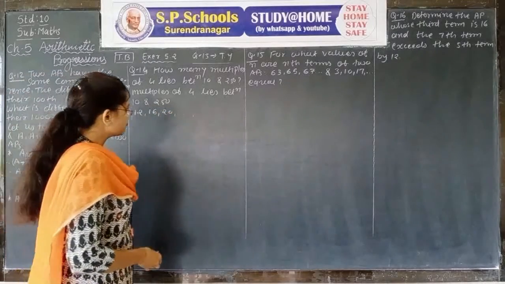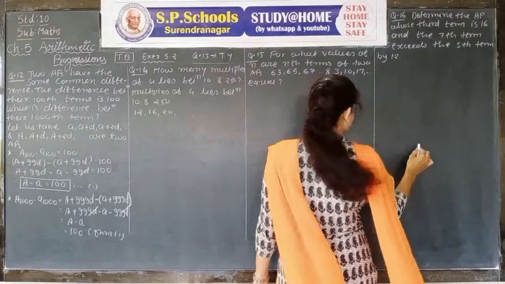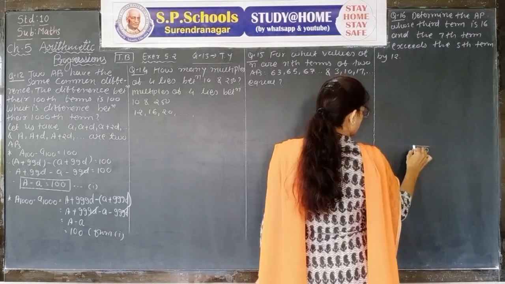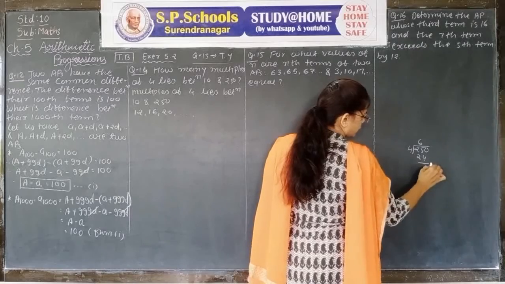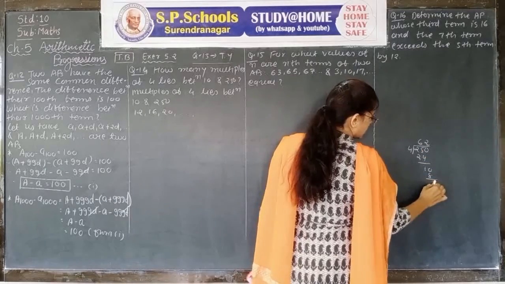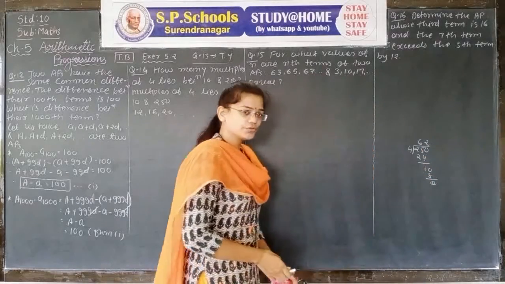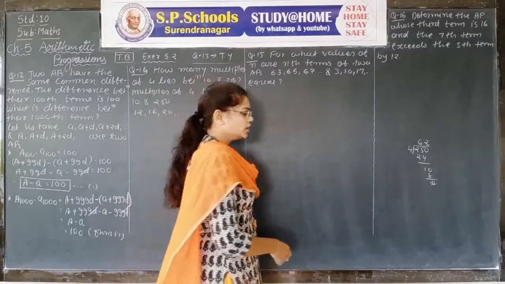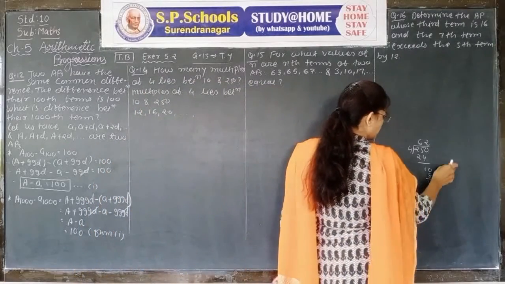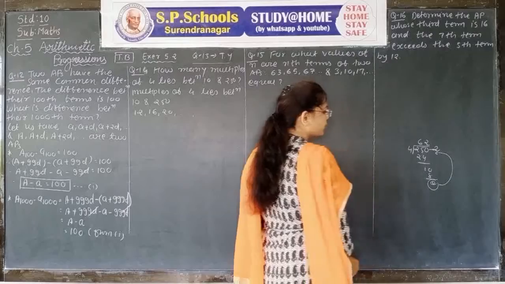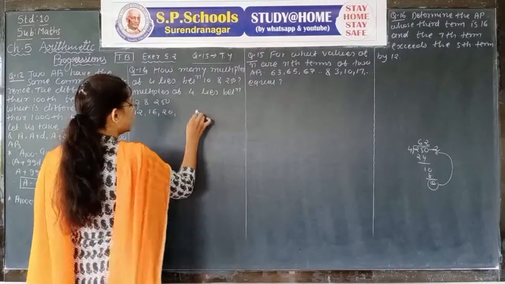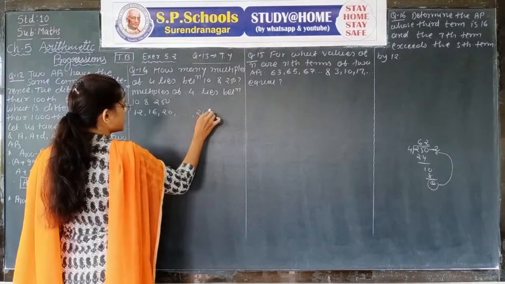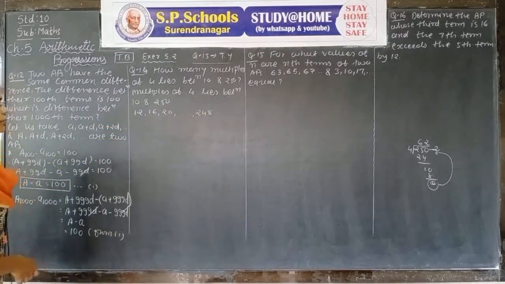First of all, see, is 250 divisible by 4? The remainder is 2, which means 250 is not divisible by 4. The remainder should be 0. When we subtract 2 from 250, we get 248, and 248 is the last number between 10 and 250 which is divisible by 4.